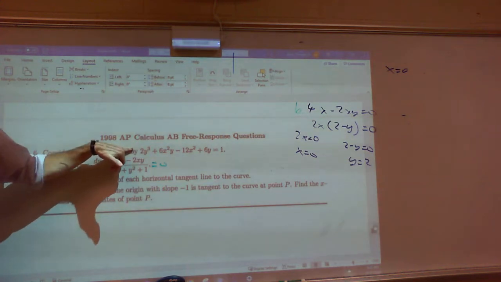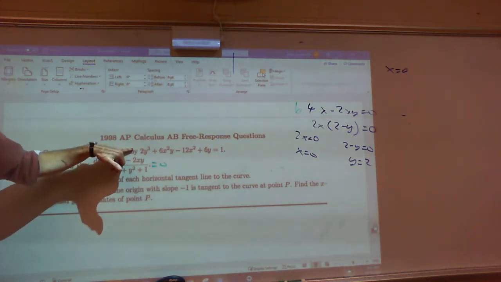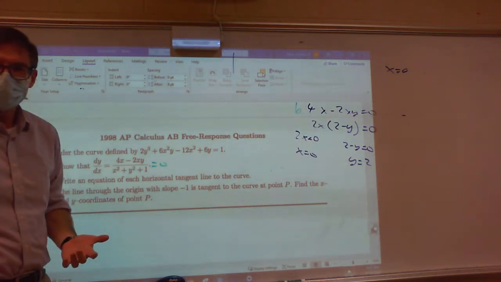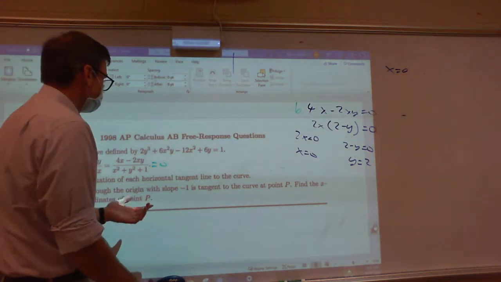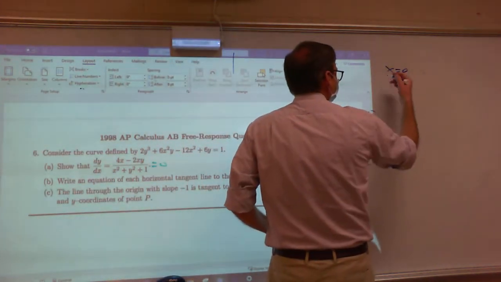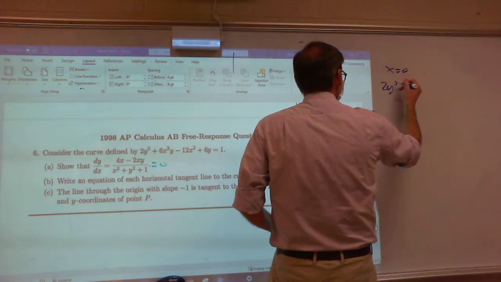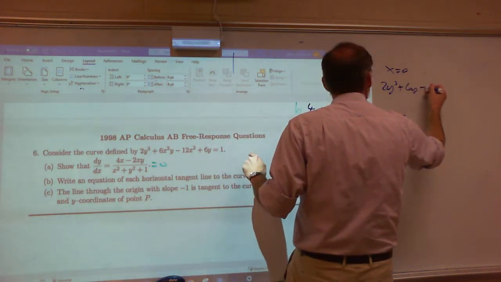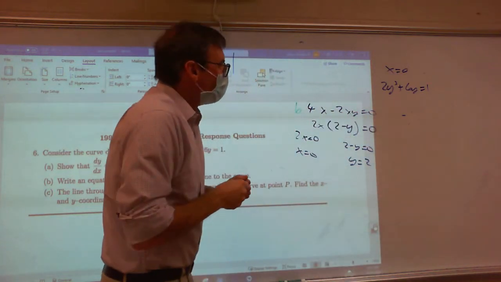You plug it into the original function. It's really ugly, but when x is 0, it becomes less ugly. You just have 2y cubed plus 6y, and it's 1. So when x equals 0, that gives us 2y cubed plus 6y equals 1.